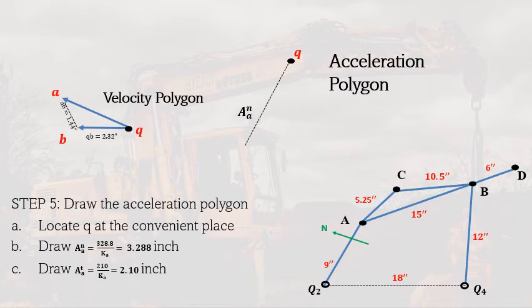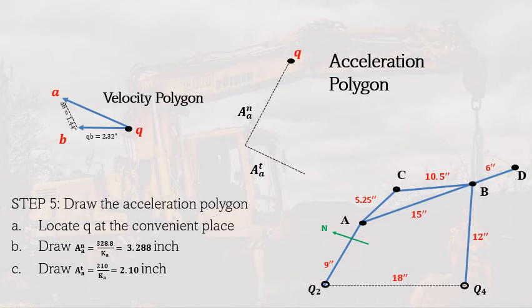So the acceleration of A normal has a direction towards the center of rotation of A. And for the tangential component of A, we already computed it also, that is 2.1 inches, that is tangent to this line from its terminal. It represents the tangential component of the absolute acceleration of A. So we draw that. So it's tangent.